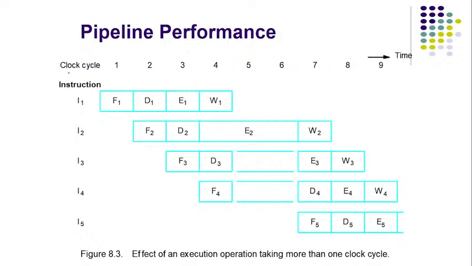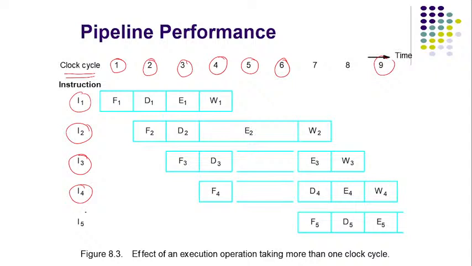Okay, so here the clock cycle is there, clock cycle 1, 2, 3, 4, 5, 6, 7, 8, 9. Nine clock cycles are there, and here are the instructions I1, I2, I3, I4, I5. There are 5 instructions given. So during clock cycle 1, the first instruction is fetched.